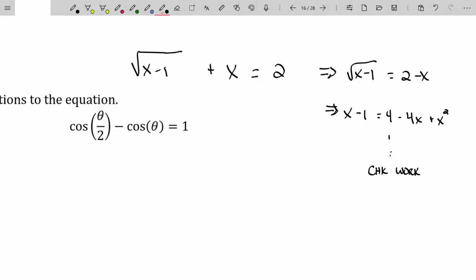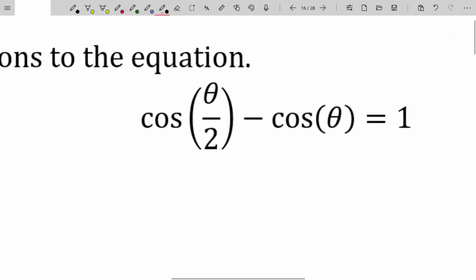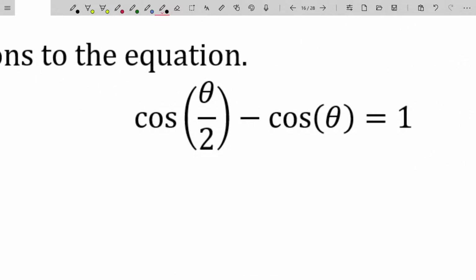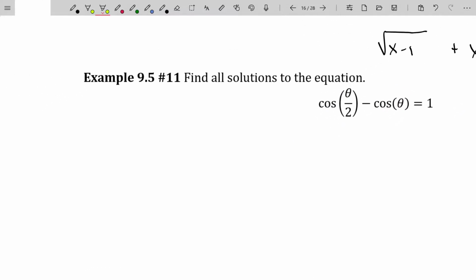That all being said, let's go to this guy right here. I have the same trig functions. That's good, cosine and cosine, but the arguments are different. So I need to use a trig identity, hopefully, to trade out one of these expressions or one of these terms. And luckily, we have the half angle identities.